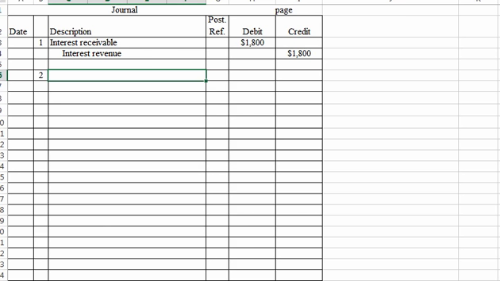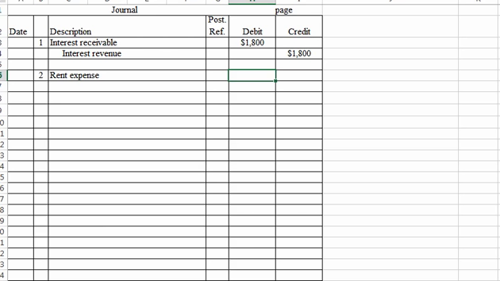But by December 31st, 2 months of that have expired and become rent expense. So our rent expense account has increased. Expenses increase on the debit side by the amount of prepaid rent that's expired from November 1st to December 31st.